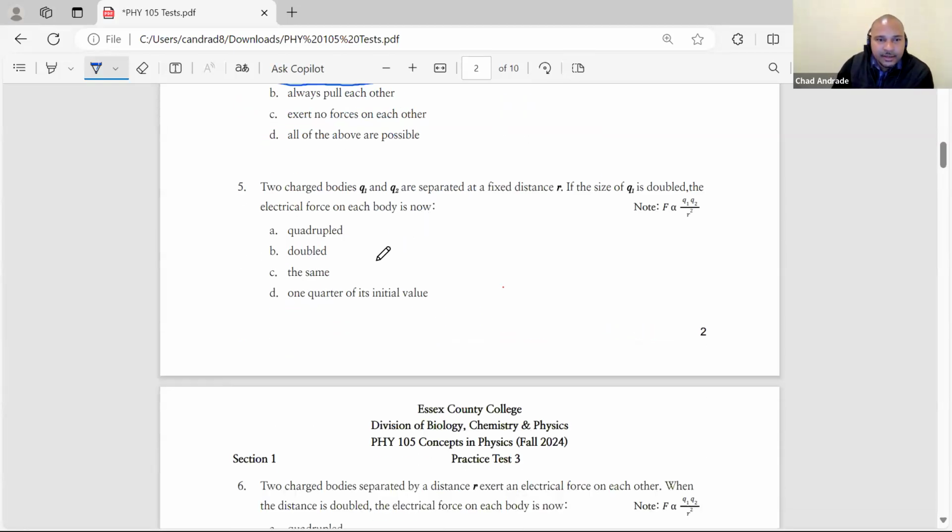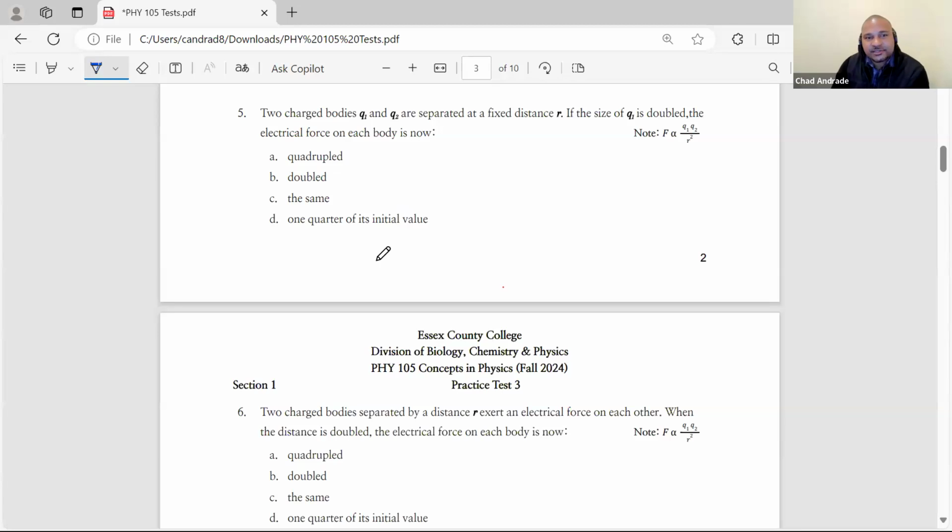All right. And then question 5 says two charged bodies, Q1 and Q2, are separated at a fixed distance R. If the size of Q1 is doubled, the electrical force on each body is now... That's a nice question.